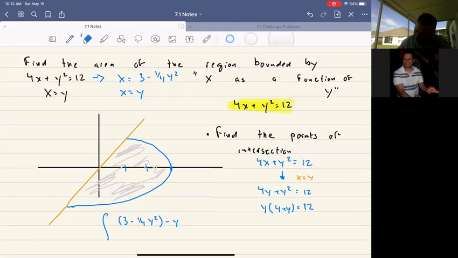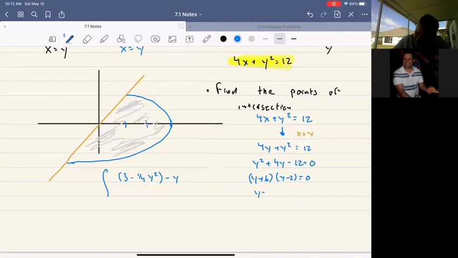Not what I wanted to do. Let me put the 12 on the other side. Now I can factor this. This is going to be y plus 6, y minus 2. So y equals negative 6, or y equals 2.